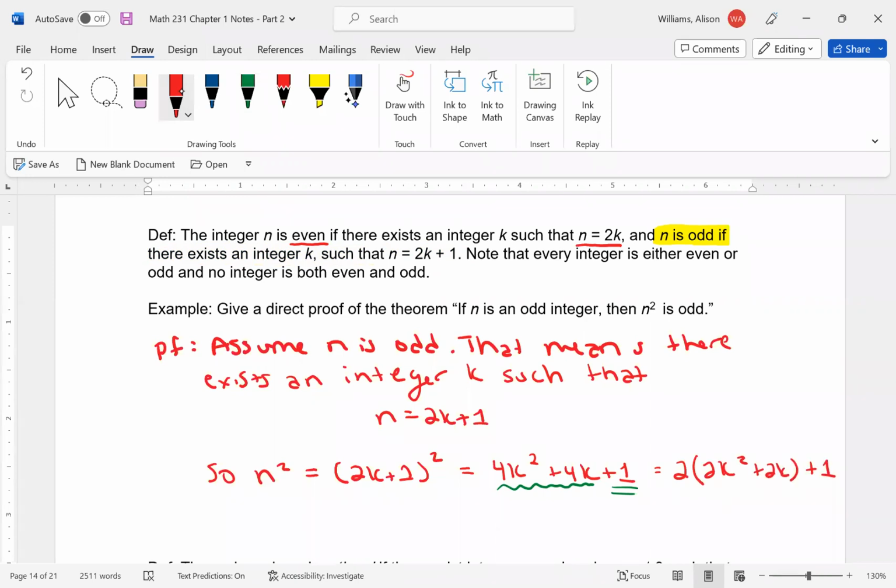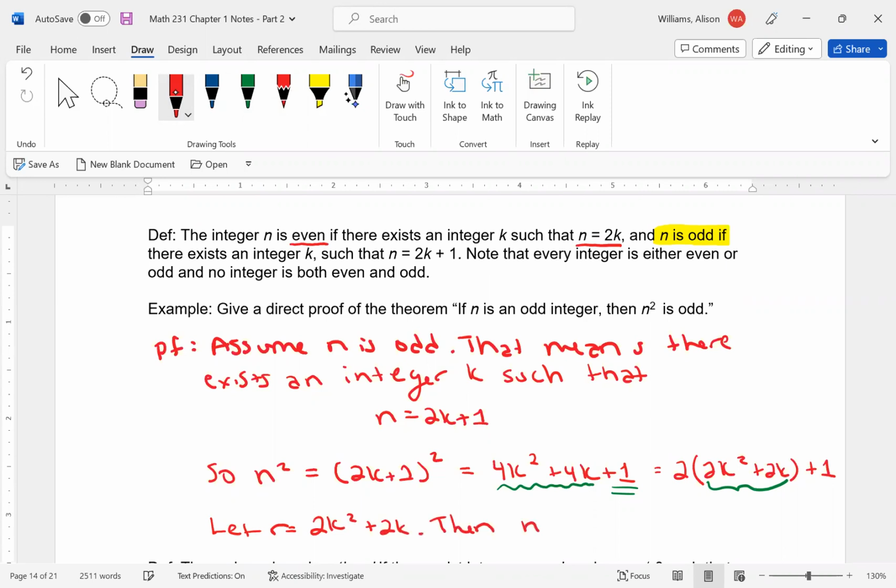And if I'd like, I can go ahead and call this a new number. How about I call it r? Let r equal 2k squared plus 2k.